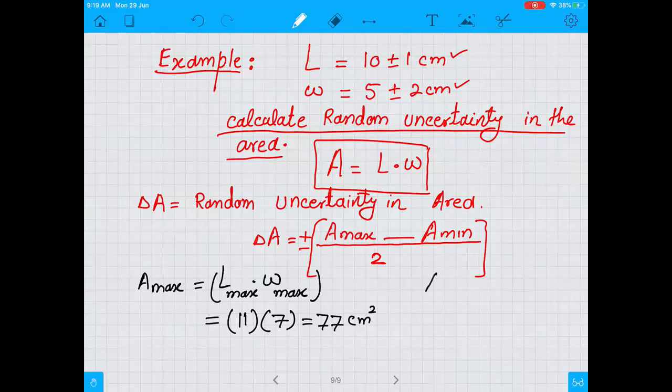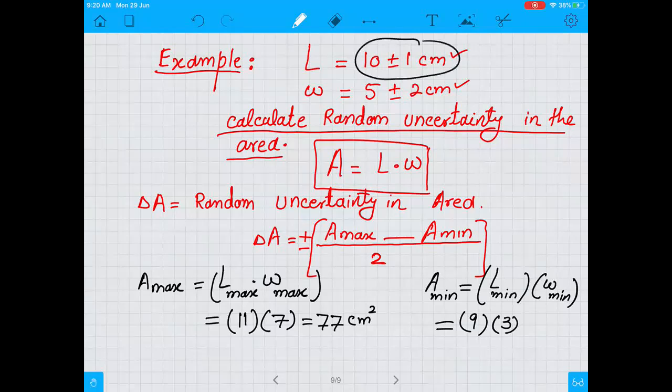Then we need to calculate the minimum value of area. That would be minimum length and minimum width. The minimum value of length is 9. The minimum value of width is 3.